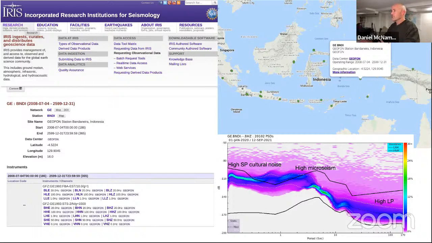This station is on a very small island from what I can tell. So that's not surprising. You've got microseism sources, you have local water waves, you have all kinds of energy from the oceans coupling energy into the ground and causing noise on the seismic station. Okay.